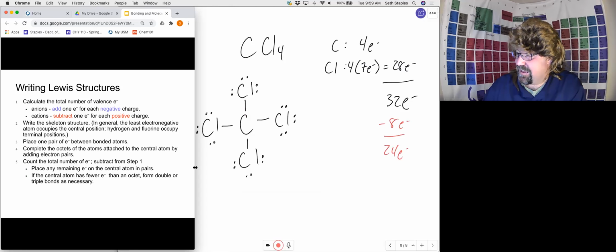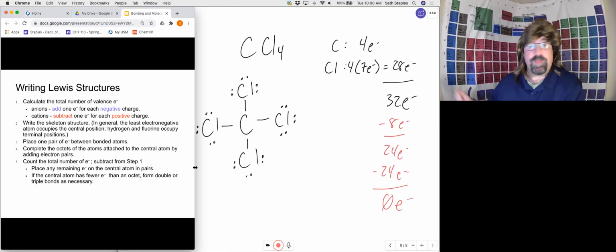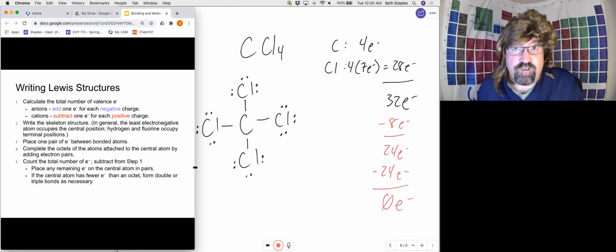And I can see that in each case, I used 2, 4, 6 times 4 total, means that I have now used up another 24 electrons. I have no electrons left. So there's one of my overarching rules for Lewis structures. I've used all of my electrons.